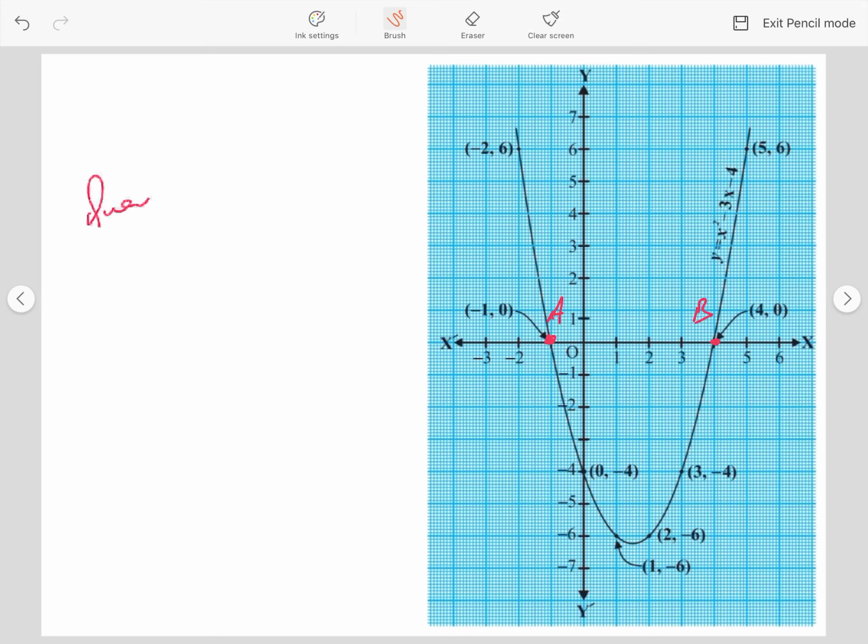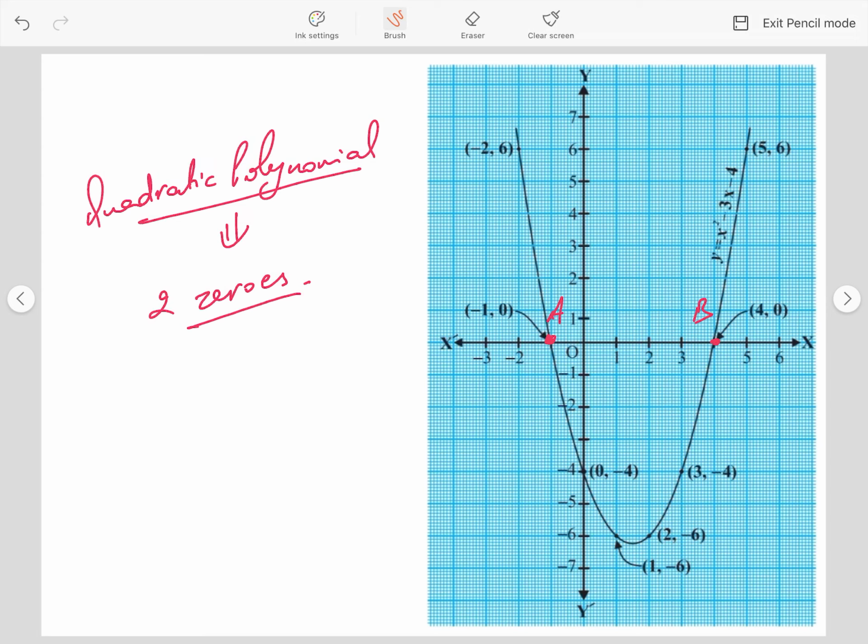As I have told you, we are studying quadratic polynomials, so quadratic polynomials have 2 zeros. So it will cross the x-axis twice. The points where this curve crosses the x-axis will be the zeros.